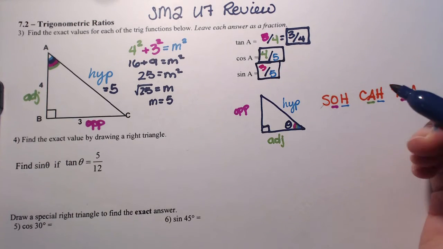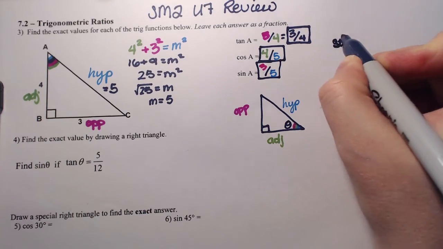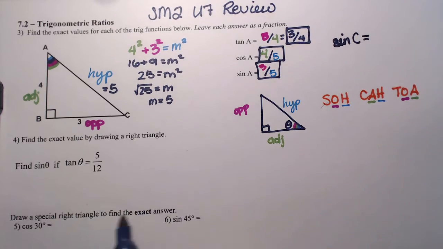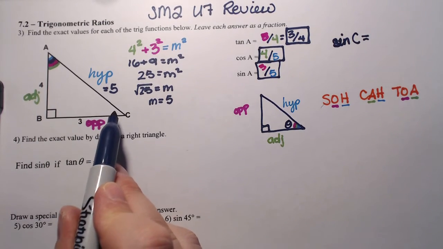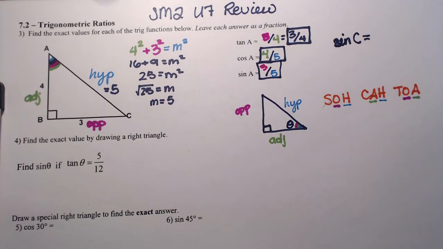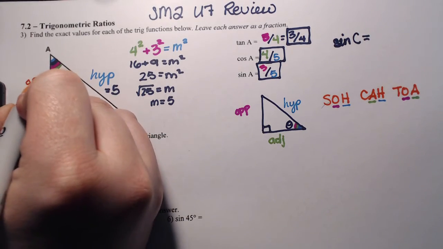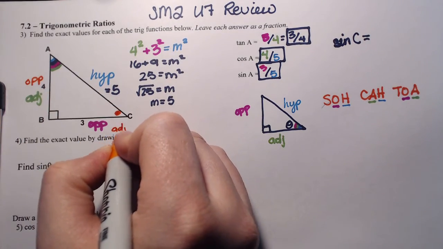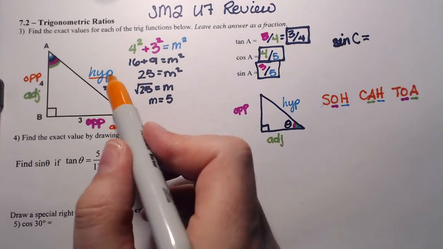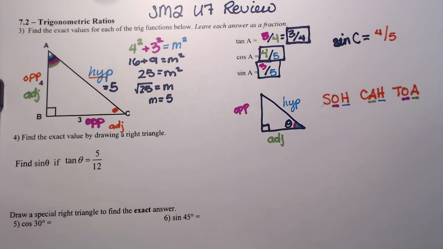Now, as a side note, if I had asked for maybe sine of C instead, then we'd be looking at a different angle. Use a different color. So if we were looking at this angle, this would be the opposite side, adjacent side, and hypotenuse still. So sine of this angle is 4/5. So where the angle is matters.